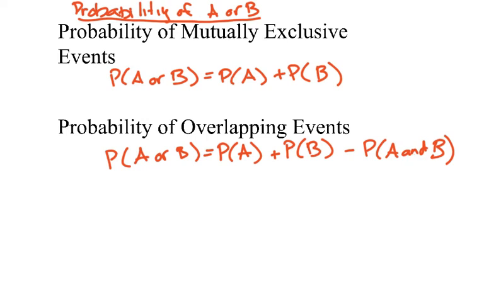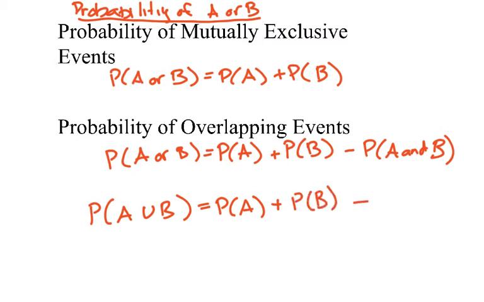Another way that you could see this written is the probability of A union B, which is basically the same thing as or, is the probability of A plus the probability of B minus the probability of A intersection B. This U means union, basically means we're putting them together, and the N means intersection.